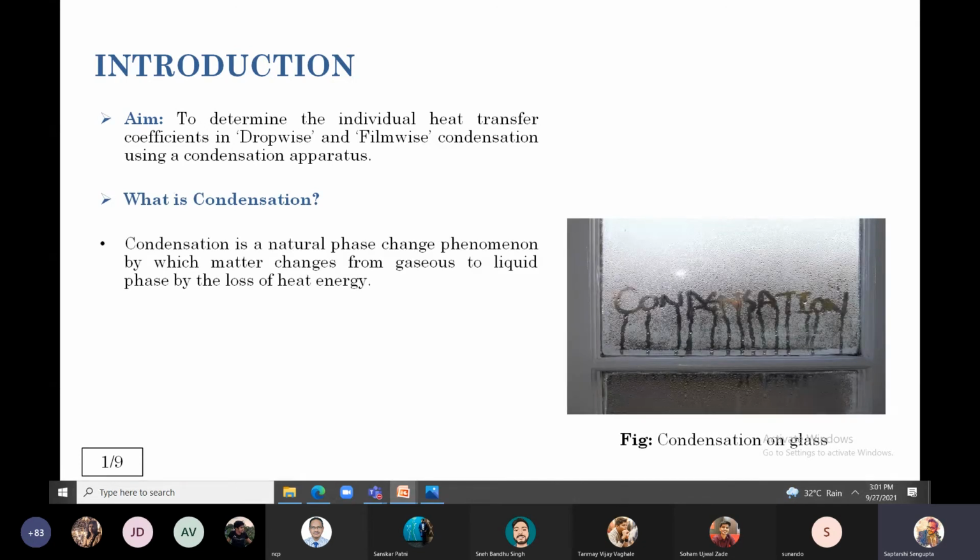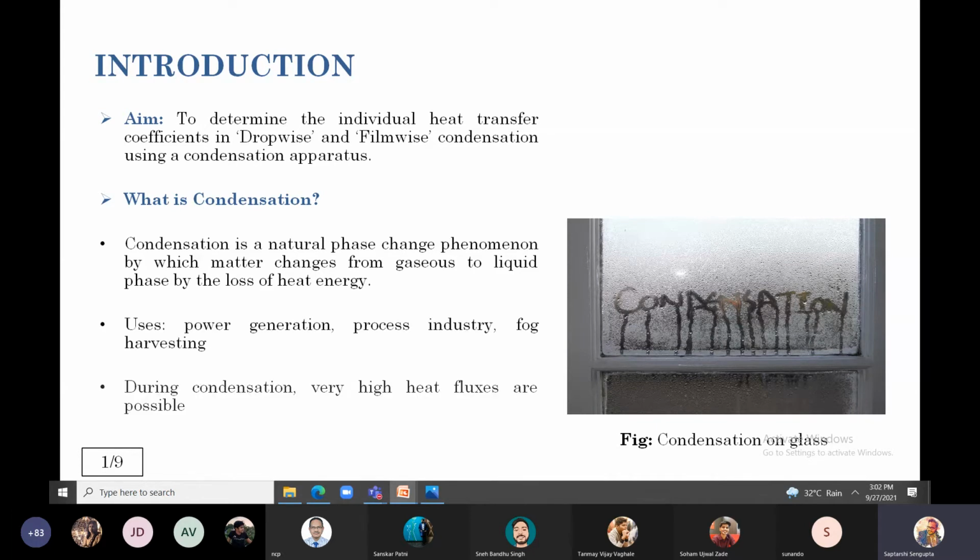As we all know already, condensation is a natural phase change phenomenon in which matter changes from the gaseous phase to the liquid phase by the loss of heat energy. Now, condensation usually involves very high heat fluxes. This is because a large amount of latent heat is being exchanged between the vapor state and the surroundings.